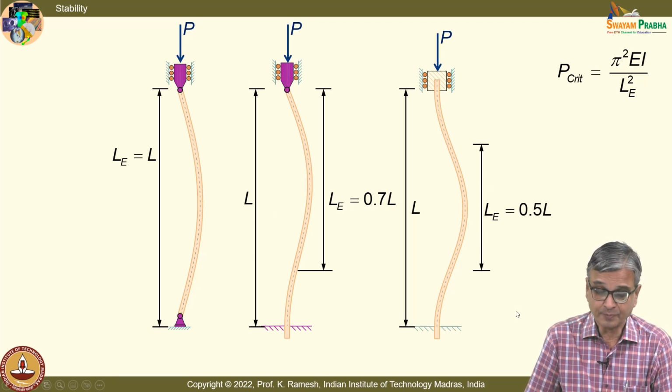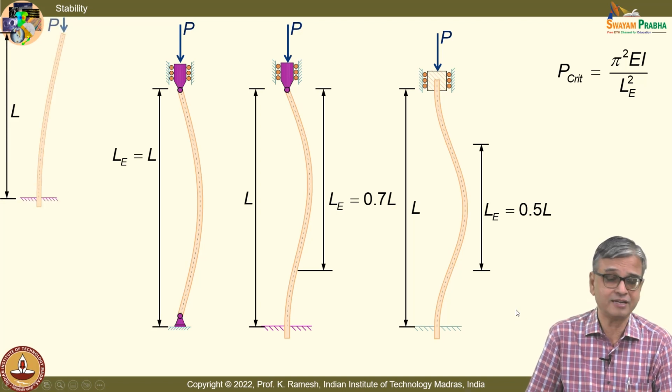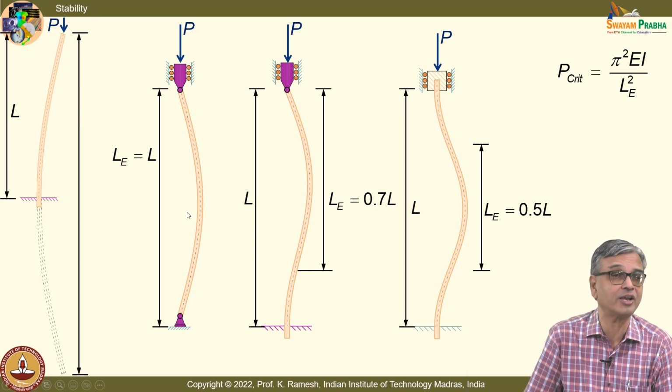Suppose I have a cantilever, it behaves differently. It behaves as if it is twice the length of this column. That means it can have only the least critical load. This will have the highest critical load possible.